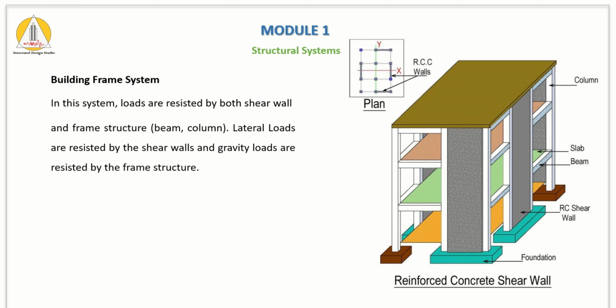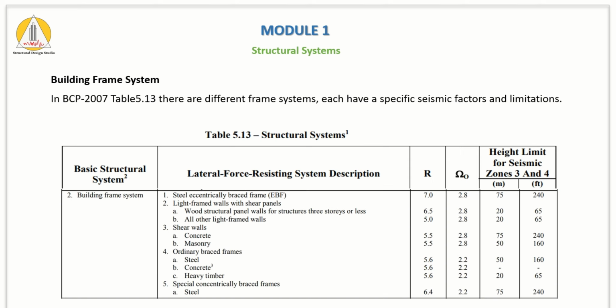And the frame structure will consist of the columns and beams. It can also consist of slab-column, which is the flat plate. It can play a role to resist only gravity loads, and the shear walls will resist the lateral loads. So this is one of the frame systems, and it is also defined by the code as the building frame system.